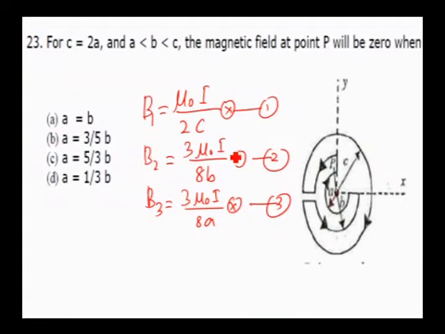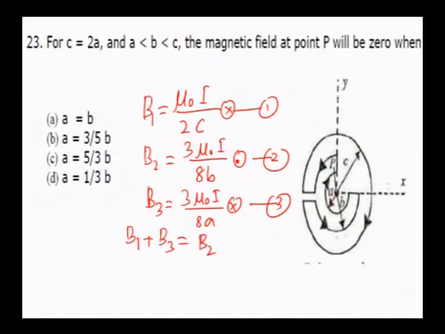If resultant magnetic field has to be 0, then you can see these magnetic fields must be equal and opposite. But here the two magnetic fields are in one direction, another magnetic field is in the opposite direction. Therefore, resultant has to be 0 means I must write the condition as B1 plus B3, because they are in the inward direction, must be equal to B2. Okay.